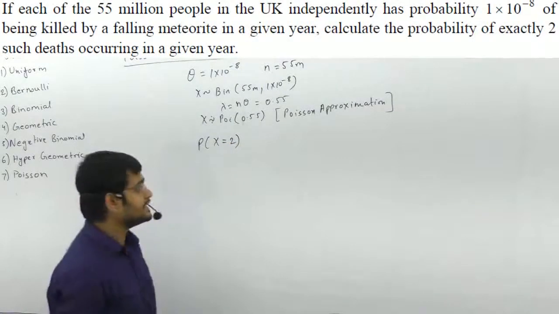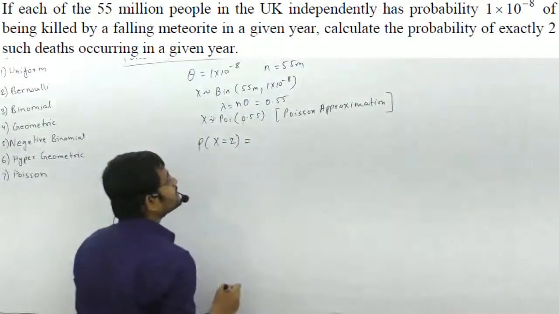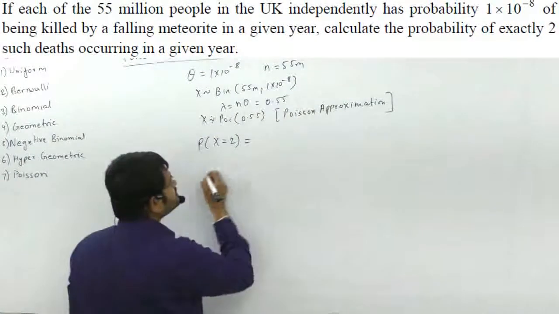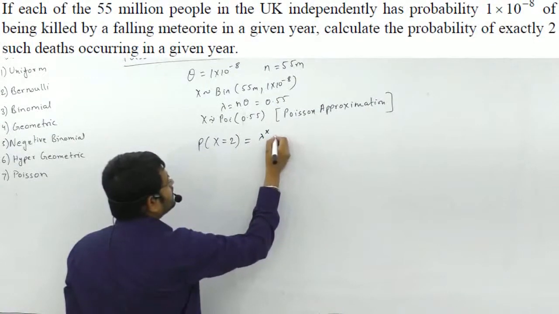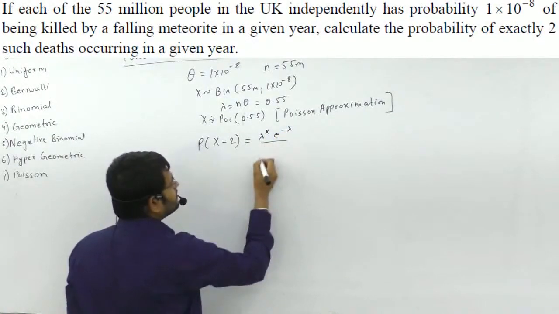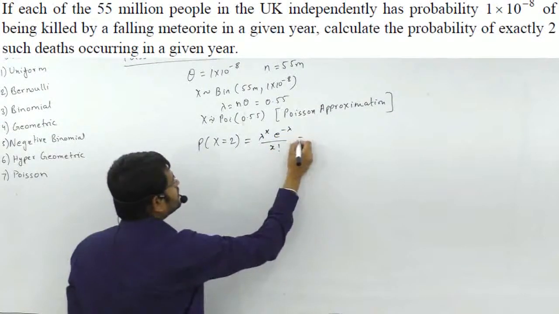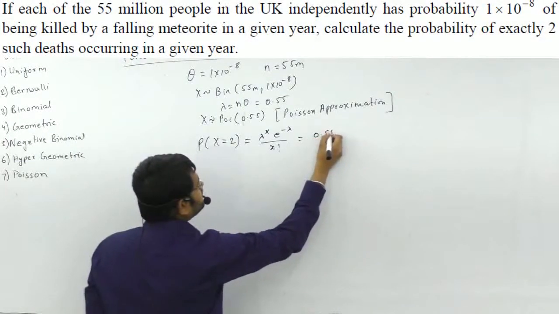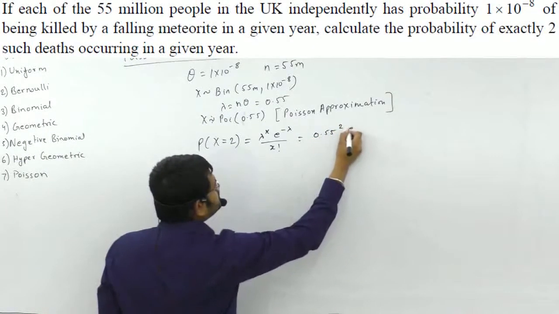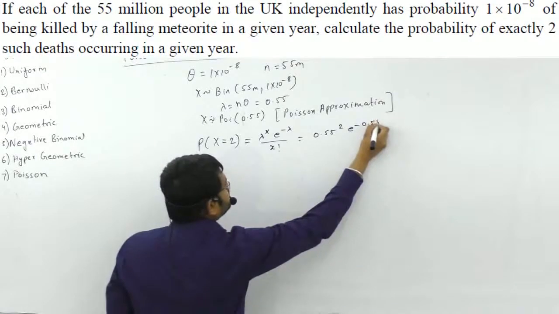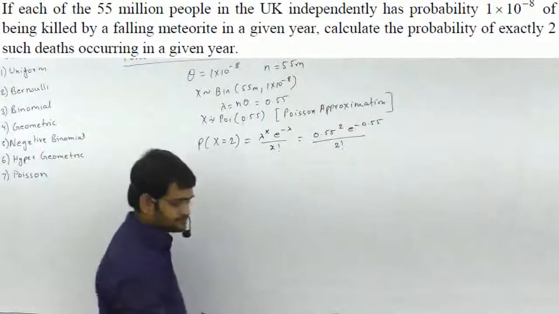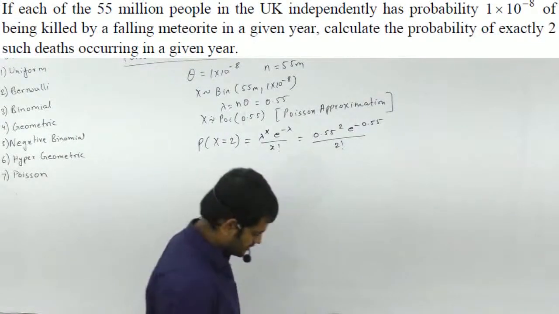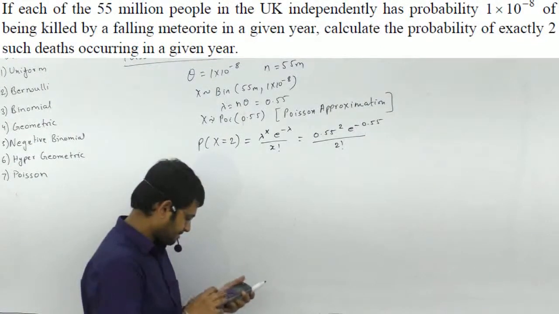Exactly 2 people die would be lambda raised to x e raised to minus lambda by x factorial, or 0.55 raised to 2 e raised to minus 0.55 by 2 factorial. Use your calculator, find that value.